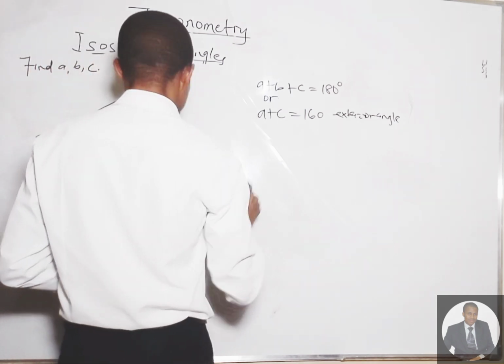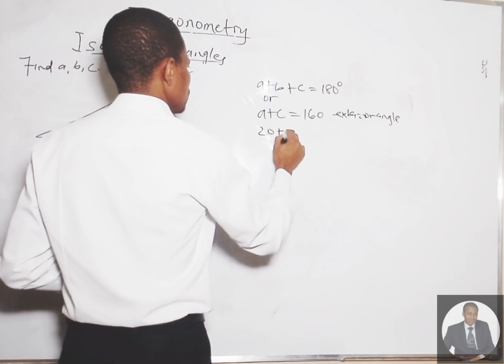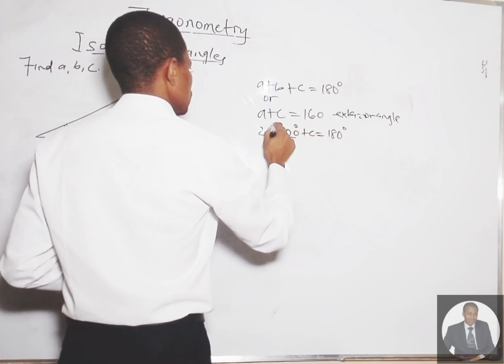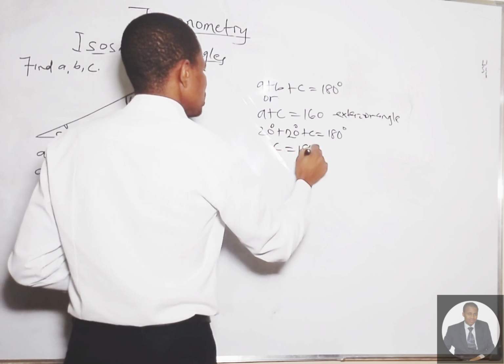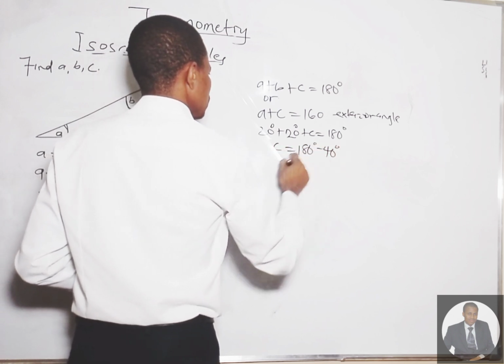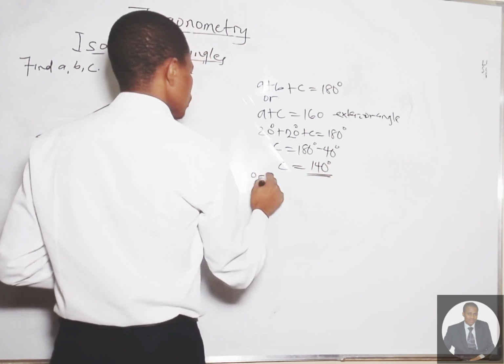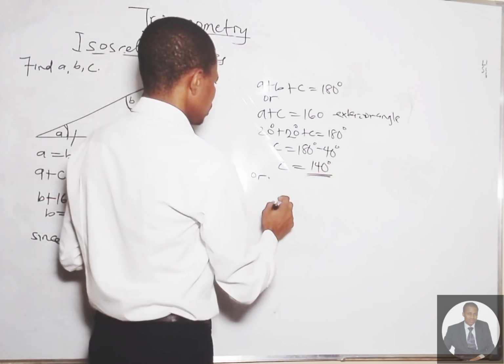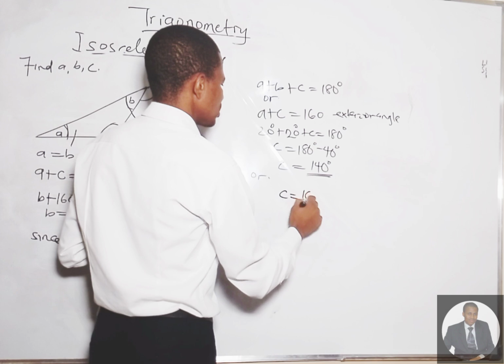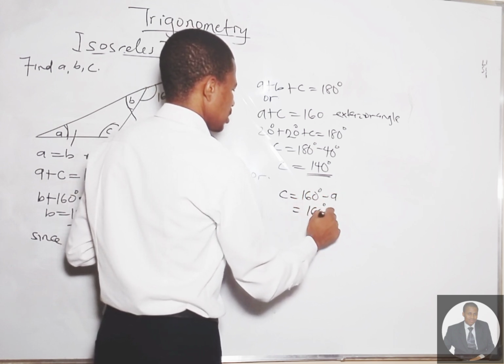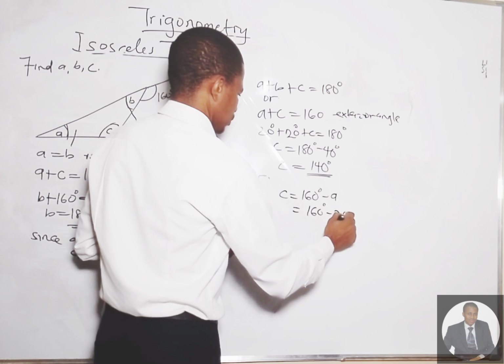Now, what is A? What is B? A plus B plus C equals 180 degrees. So C will be equal to 180 degrees minus 40. C will give us 140. Or we can say C equals 160 degrees minus A. And A is 20.